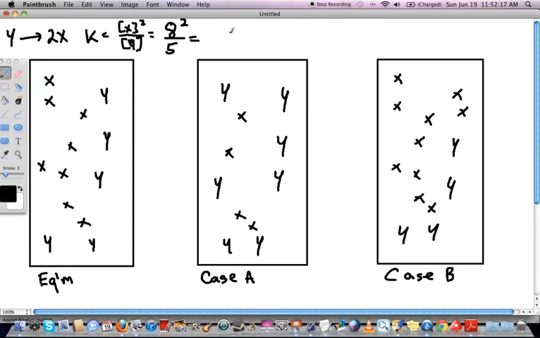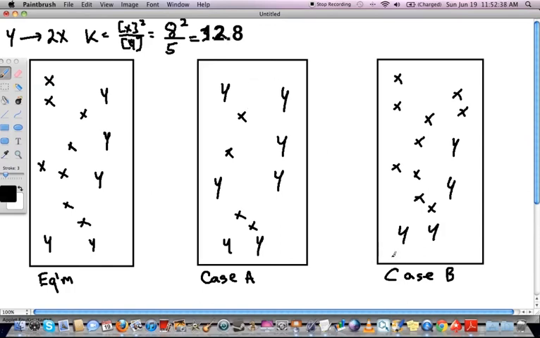So that's 64 divided by 5, which is 12.8. So that is going to be our K value. That's our reference value. K equals 12.8.